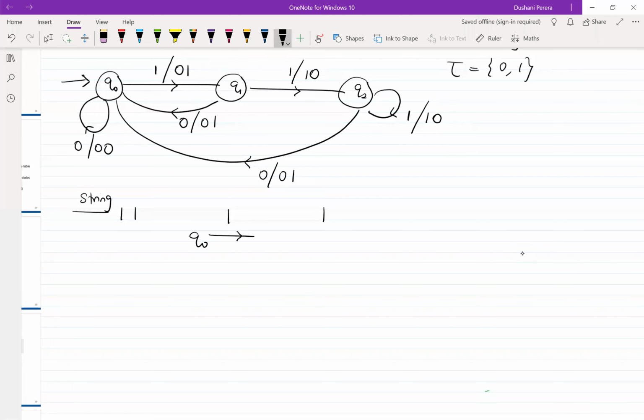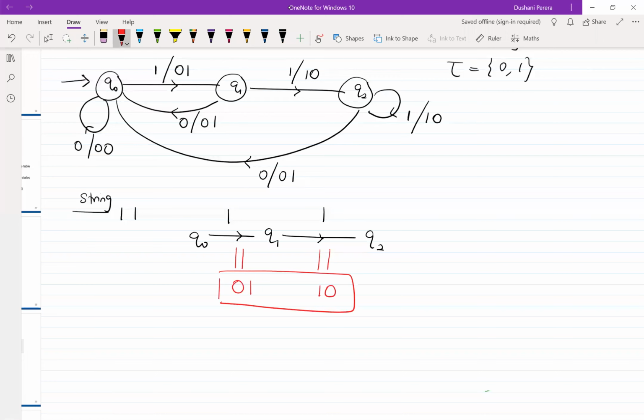Upon seeing 1, you go to Q1. Upon seeing the other 1, you go to Q2. So what gets printed here? At this traversal, you print 0, 1. And then at this, you print 1, 0. So this is what gets printed when you pass the string 1, 1.